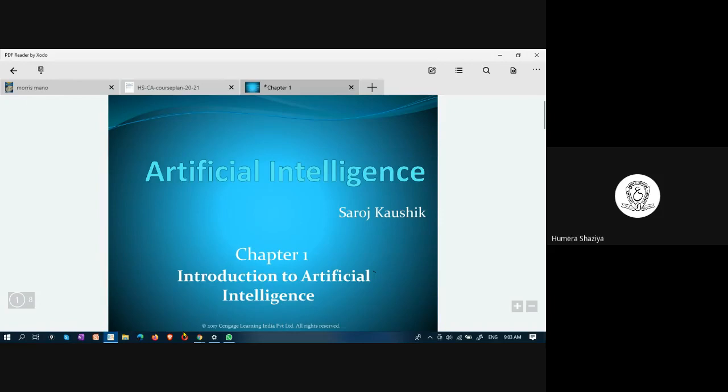Industry 4.0 as well denotes the artificial intelligence world.